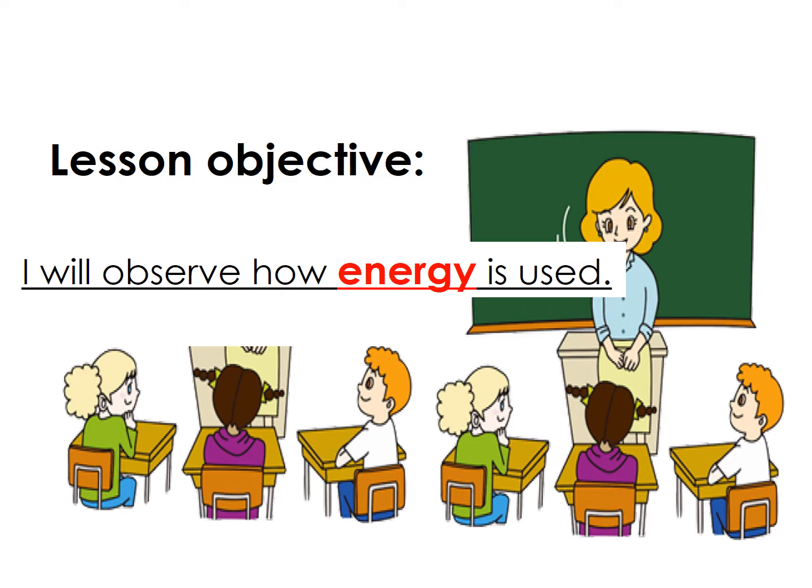Very good. So which of these senses do we use when we observe how energy is used? So let's try to find it out as we continue with our lesson. Are you ready? That's great.